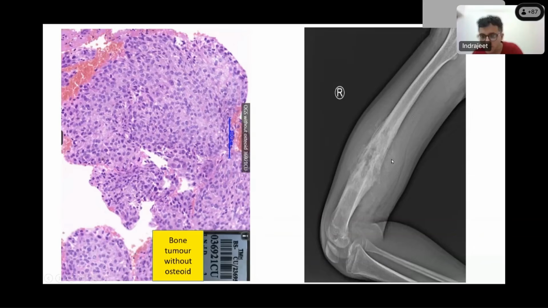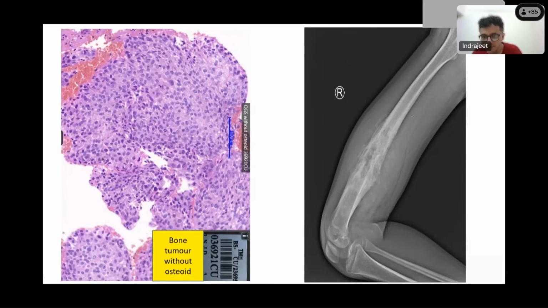The tumor seems to be infiltrating into the adjacent soft tissue a bit. What is the zone of transition? Wide zone of transition.